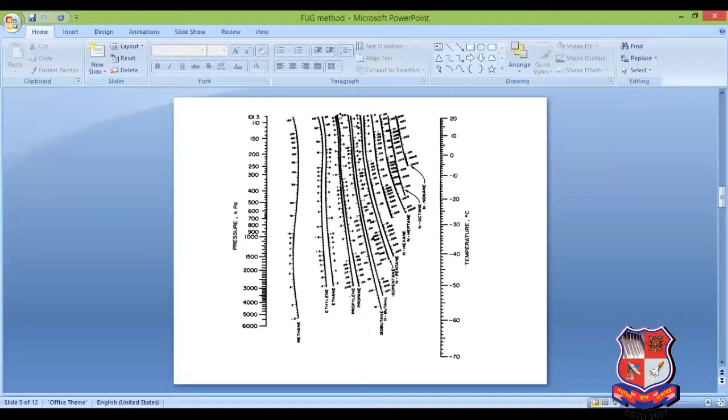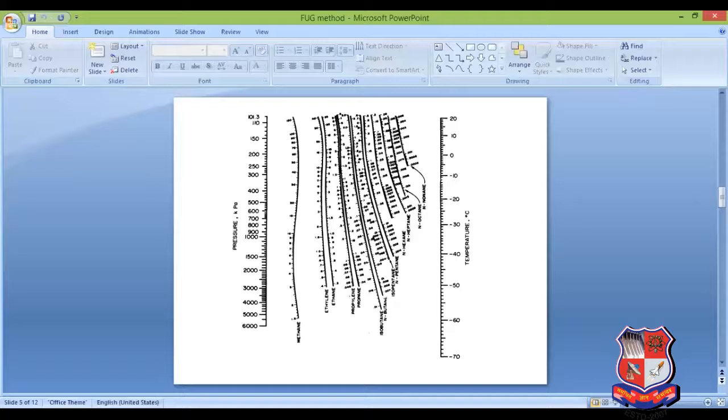If the graph is given to you, you put a scale and draw a line which joins the given pressure and temperature. That line cuts the particular straight line given in this graph for the component.